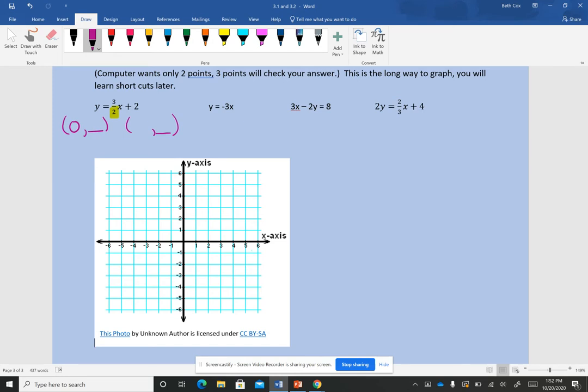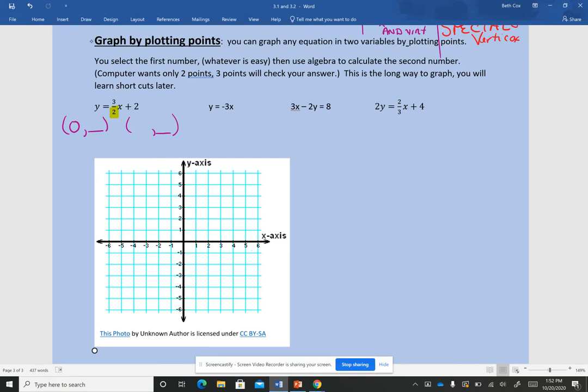And so when you divide a number by 2, you want to get something nice. So you could plug in 2, or you could plug in 4, or you could plug in 6. Any of those nice, easy numbers would be great to plug in.